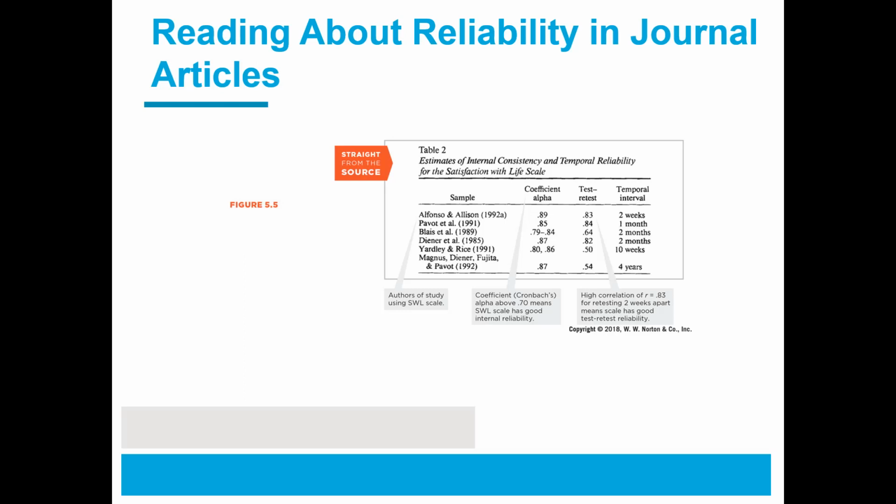Most of those numbers are high, or close to +1. Interrater reliability wasn't examined because self-report measures were used here. But we can also see that the test-retest reliability scores were relatively high as well. So our conclusion after examining this table is that the subjective well-being score has a very high internal reliability and test-retest reliability based on these 6 studies.